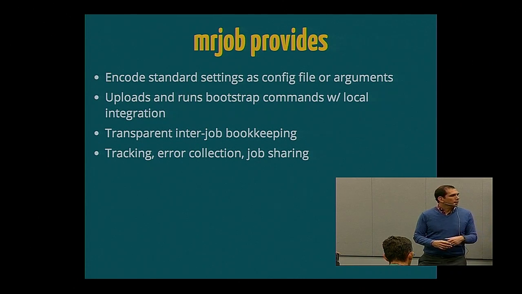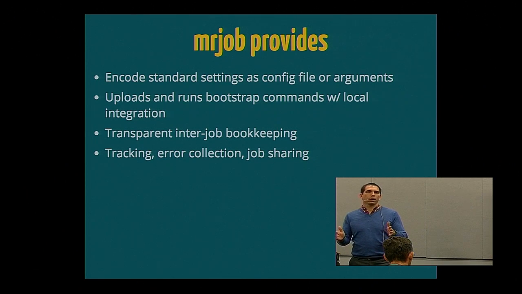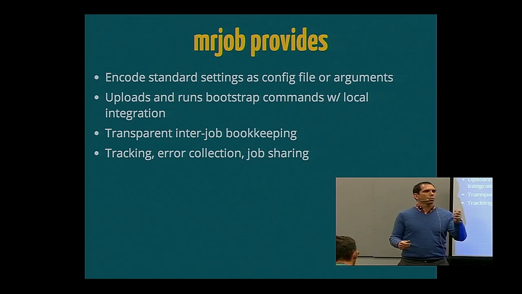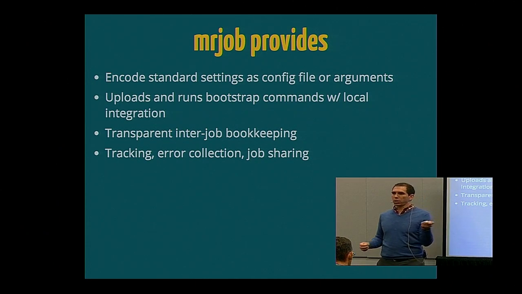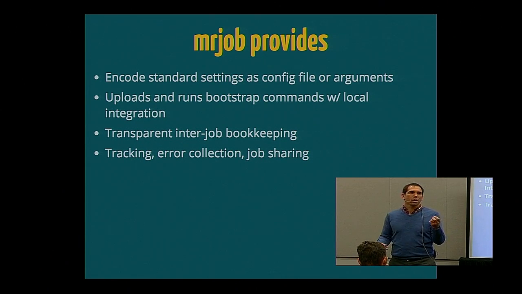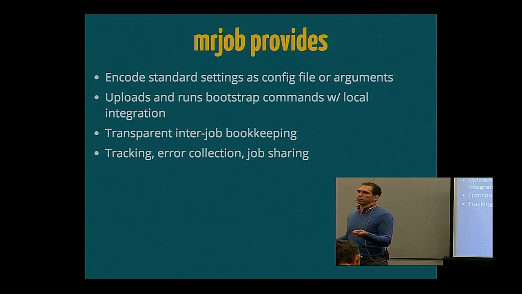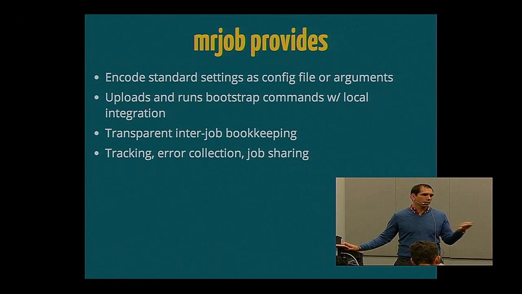Then there's the transparent inter-job bookkeeping. Hadoop, by default, will write out its results for each MapReduce step. We've talked about multi-step jobs now, where we've chained together these MapReduce jobs. But what we didn't have to specify was where to store the intermediate results. That's what mrjob provides for you on these clusters.